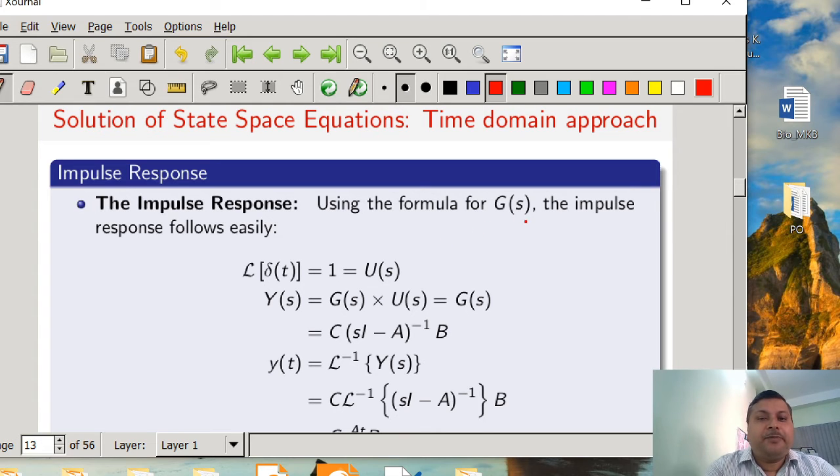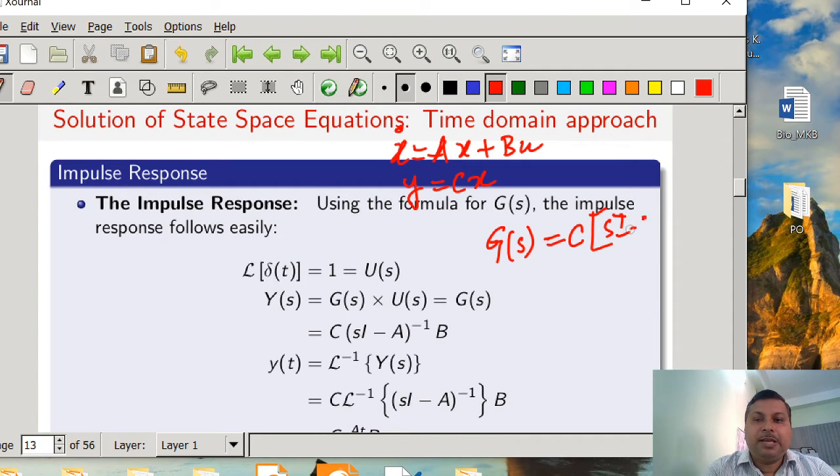We will start in a slightly different way. Suppose a system is given as x dot equal to Ax plus Bu, and also y equal to Cx. Then the transfer function G(s) will be equal to C into sI minus A inverse into B. Now what is G(s)?